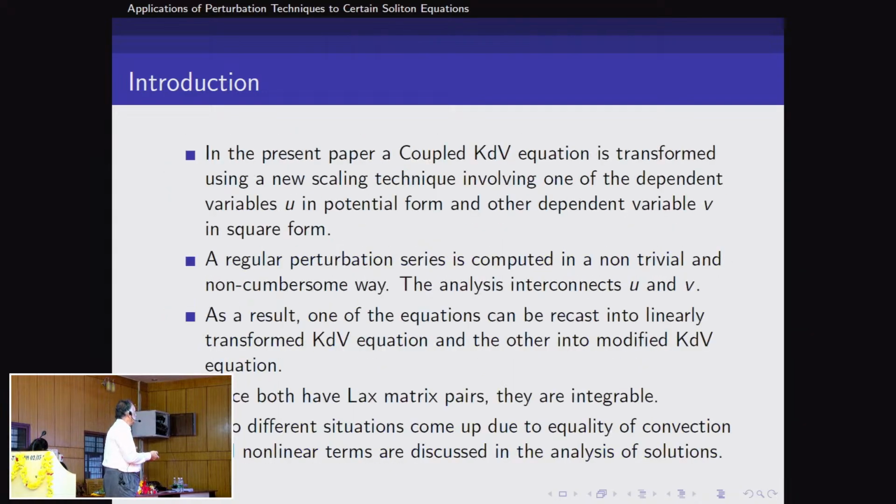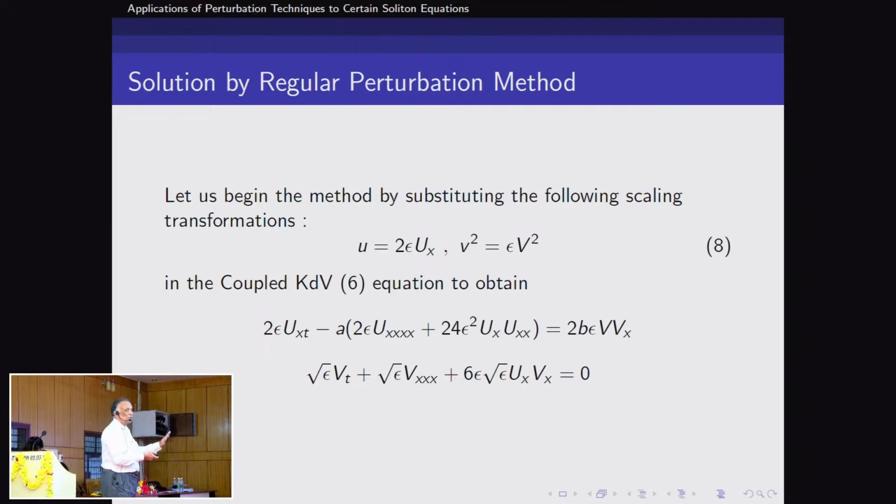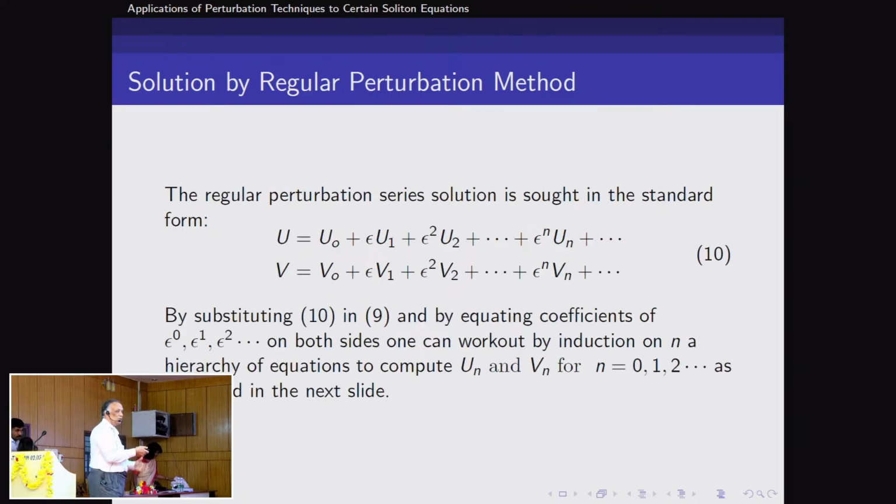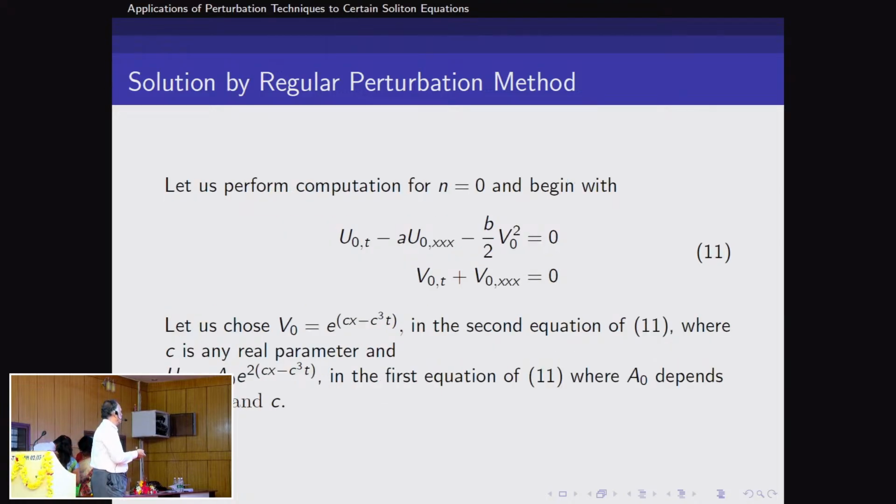So I am using the usual perturbation technique, not Adomian. So I will be transforming U. This again reduces to a geometric series, provided you choose exponentials in negative powers, of course. You can notice that I have used U0 to be A0 into e to the power of twice.